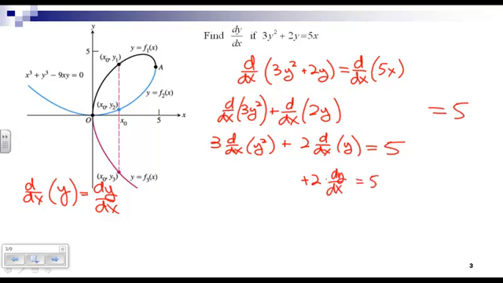I cannot go forward until you absolutely understand why I didn't put down 1. By the way, if I was taking the derivative with respect to y, it would have been 1. But I'm not taking it with respect to y, it's with respect to x, and it's implied that y is a function of x. By the way, is what I just did really any different from when I did this?